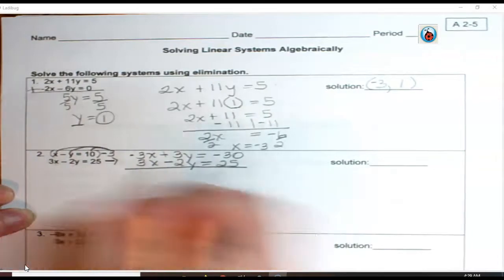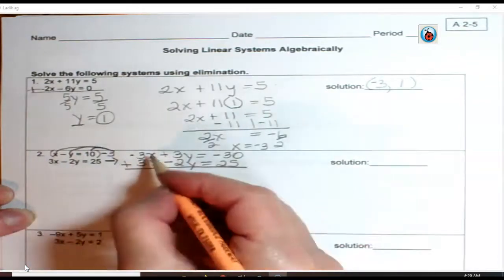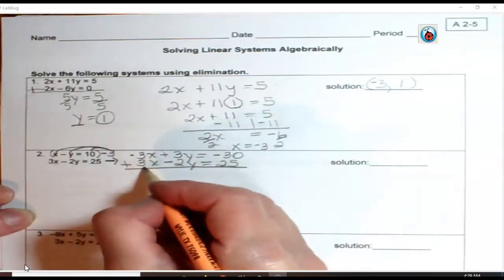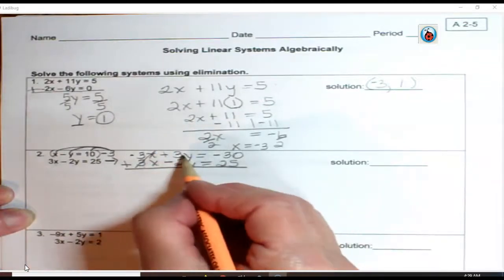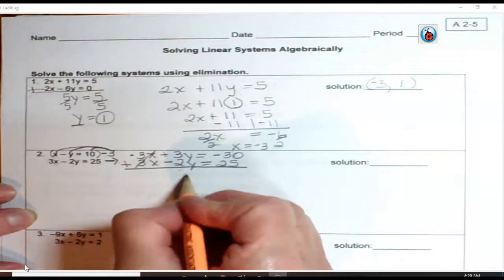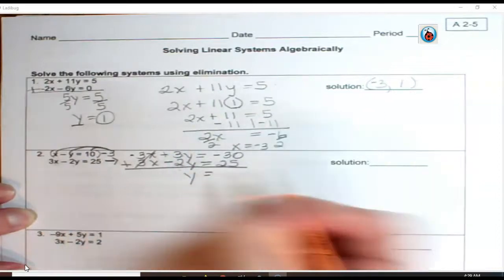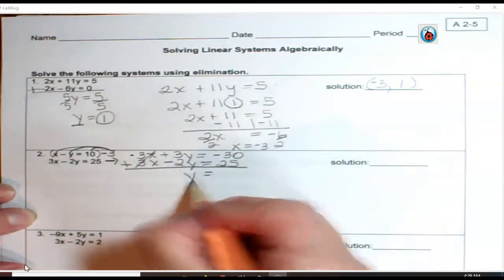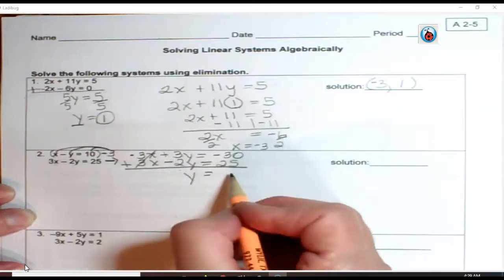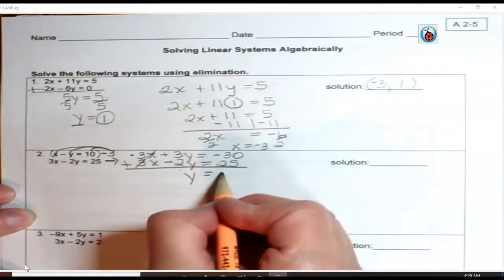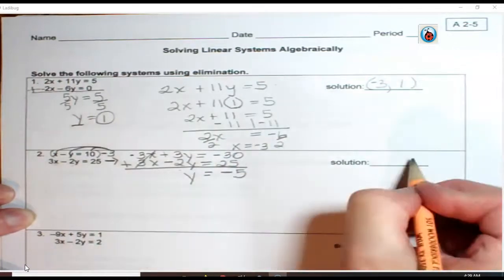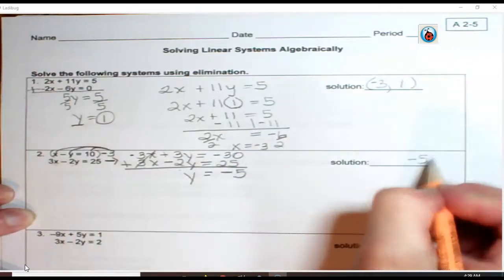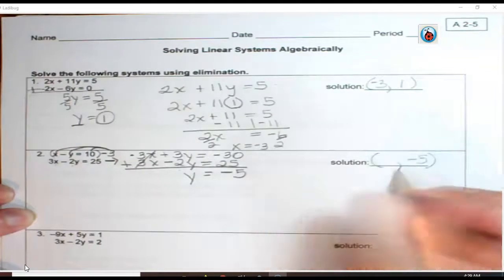Okay, now I'm going to add these. Negative 3x and a positive 3x, that cancels out. 3 and a negative 2 is a positive y. You can put 1y if you want to. Negative 30 plus 25 is a negative 5. And my y is equal to negative 5. Make sure you put it in the y spot.